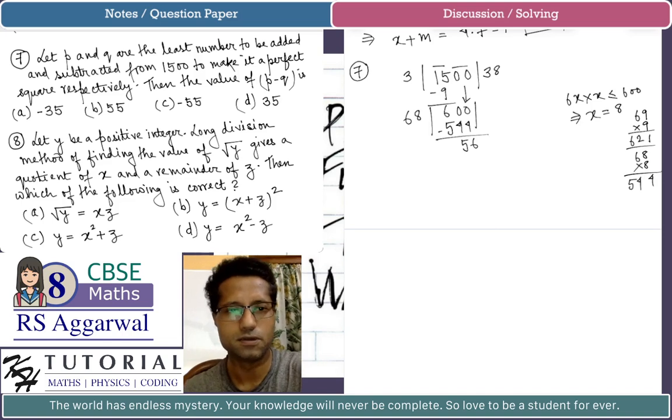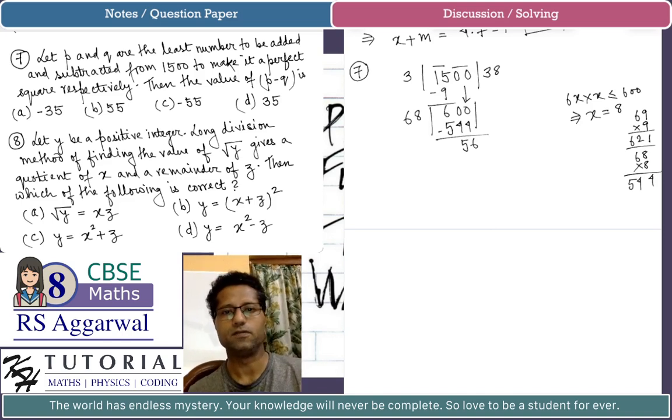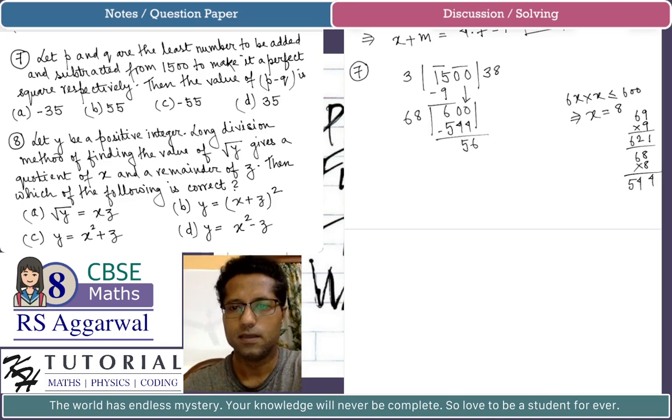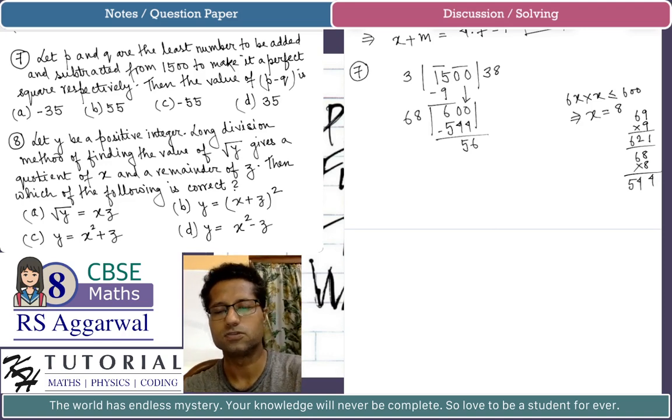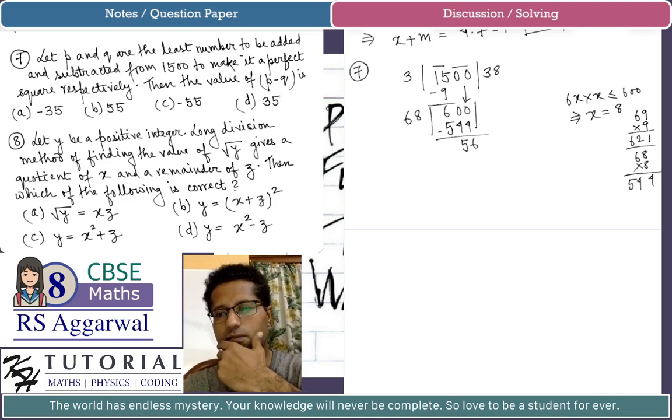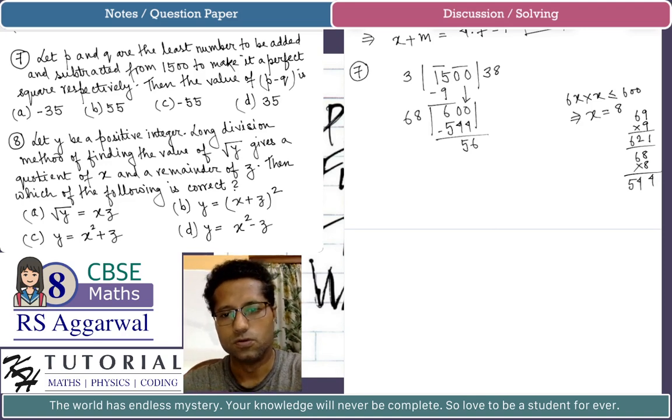So Q is the least number to be subtracted. In the long division method for finding the square root, if there is a remainder, that remainder is the least number that we must subtract from the given number to make it a perfect square. So this implies that Q is definitely 56.